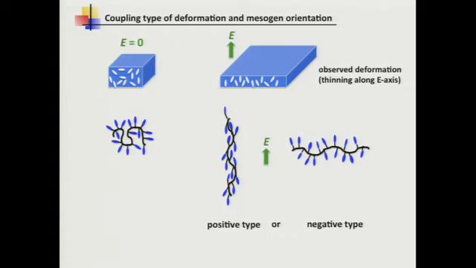This is totally opposite to our first expectation, because from the stretching experiment, our sample shows a positive coupling of the mesogen orientation and the network backbone orientation, so they are parallel to each other. But in the electric field experiment, it looks like the coupling is negative, so we have a contradiction. I don't know why.